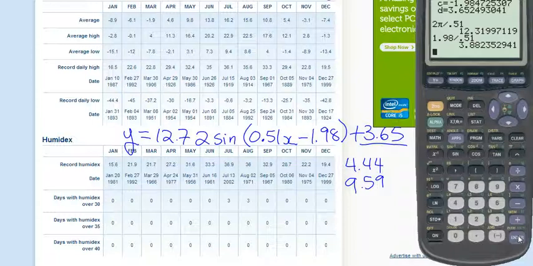And we figured what? We had 3.7, right? We're pretty close. So from this equation, the period was 12.3, and the start point was 3.88 and 3.65.